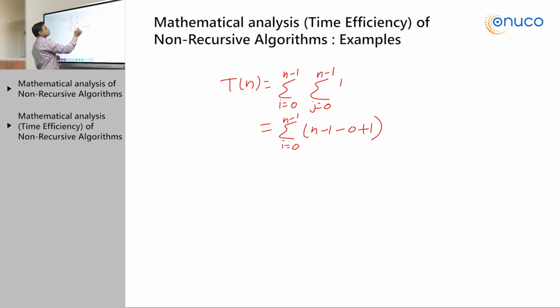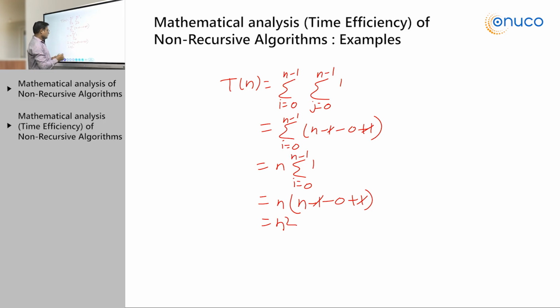The 1 and 1 get cancelled. N is a constant, take it outside. Then we have the sum for i equal to 0 to n minus 1 of the constant value 1. So, n into n minus 1 minus 0 plus 1, again the 1 and 1 get cancelled, and the final value is n square. So we can say that the time complexity for matrix addition or subtraction is n square.